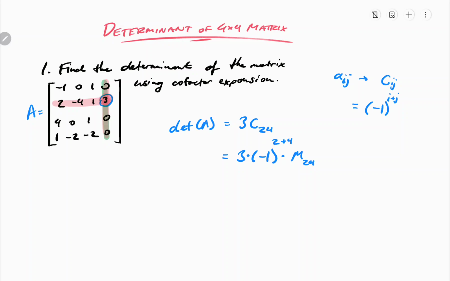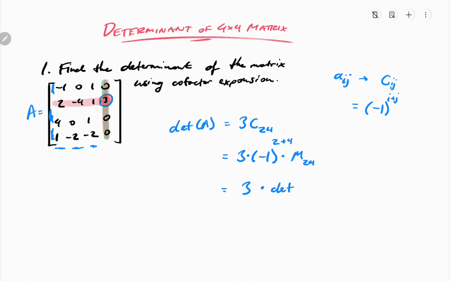So what this means is we will be taking the determinant of what's left in the matrix. Notice we have 3 rows and 3 columns left in our matrix.